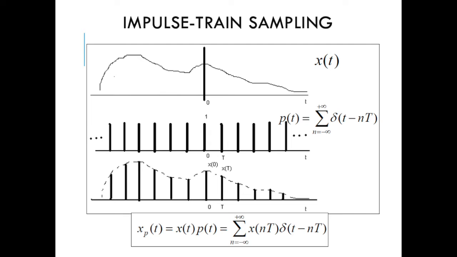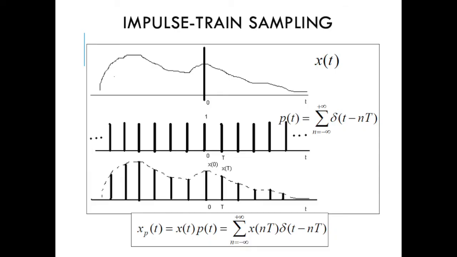We have impulse train sampling. Again, x(t) is your input signal, which is in continuous time form. Then we have our impulse train. We are going to multiply s(t) with p(t), so our p(t) will carry our x(t).